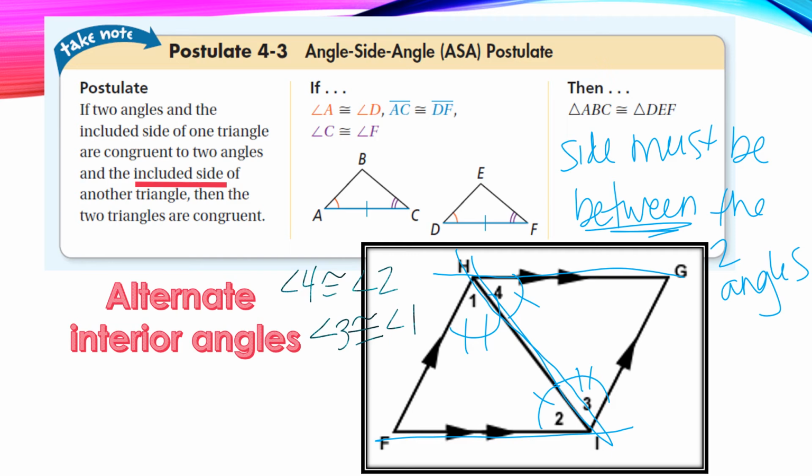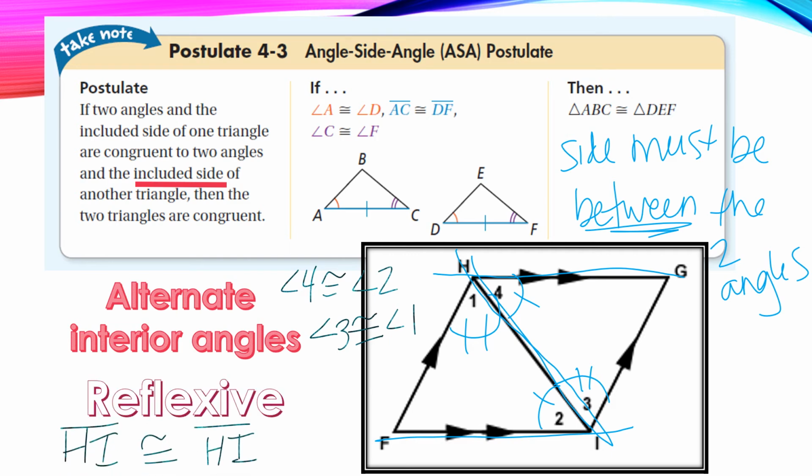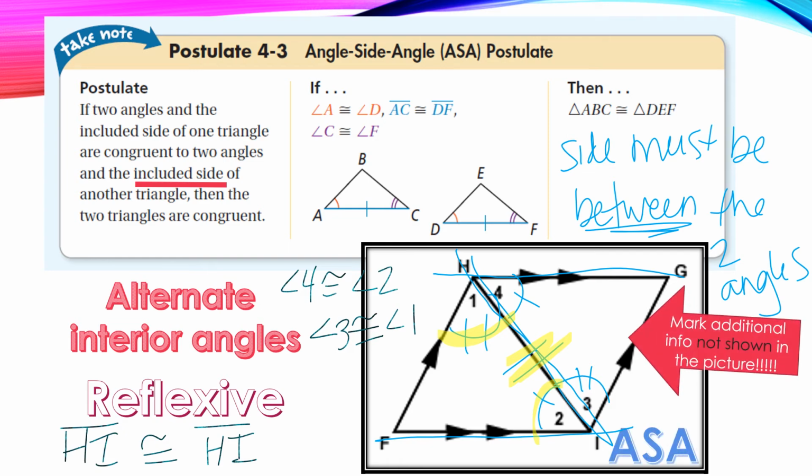Then we also have that HI is congruent to HI because that line is exactly the same. So that being said, we have angle, side, angle. Mark additional info if it's not shown in the picture. That's very important.